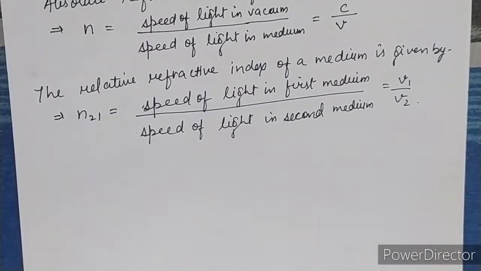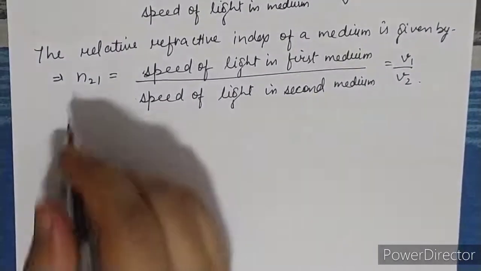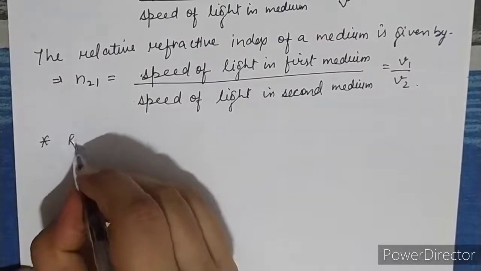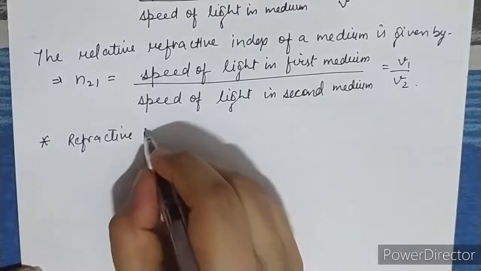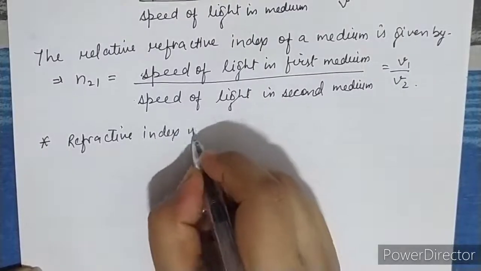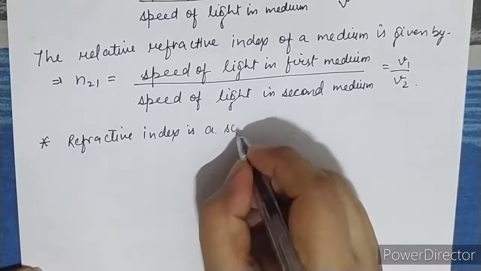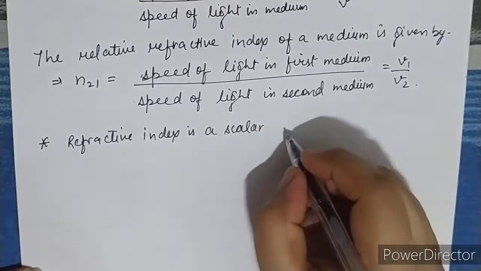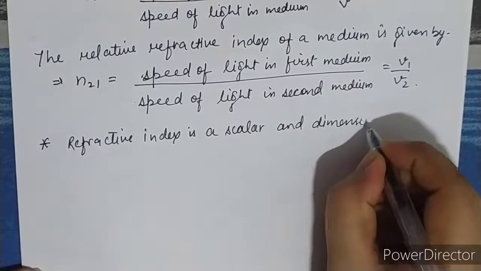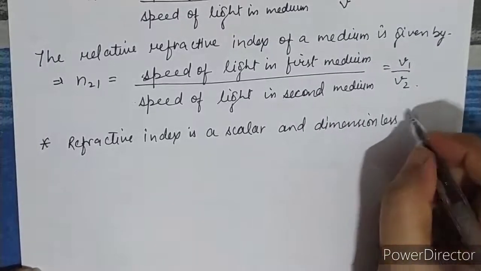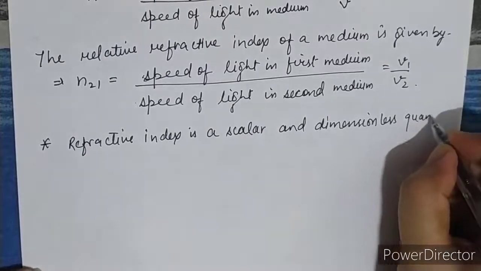Okay, and always remember that the refractive index is a scalar and dimensionless quantity. This I have also mentioned, beta. Refractive index is a scalar and dimensionless quantity.